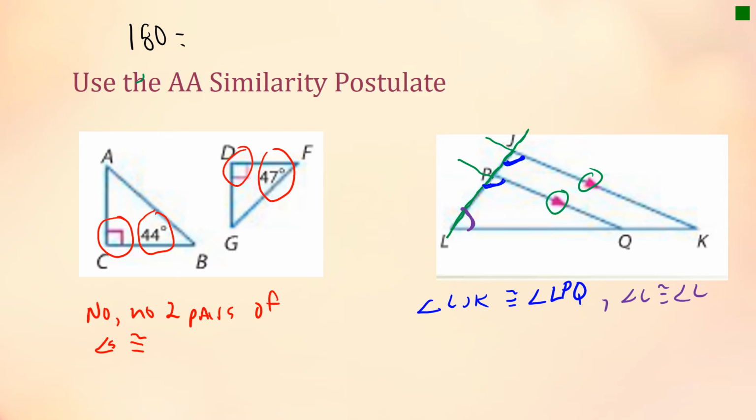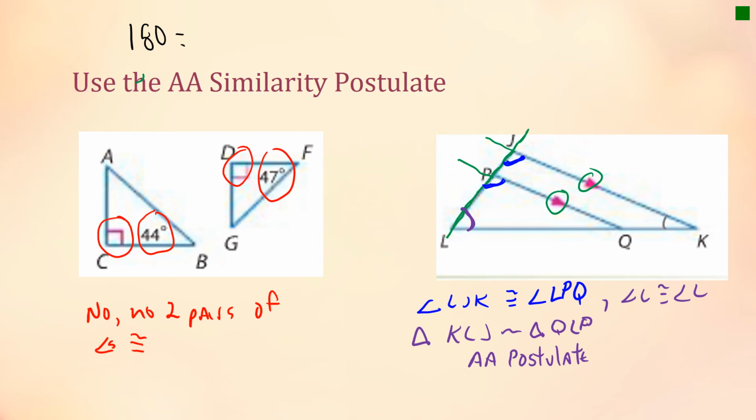And so therefore we can say that triangle KLJ is similar, and there's our similarity symbol, to triangle QLP by the angle-angle similarity postulate.